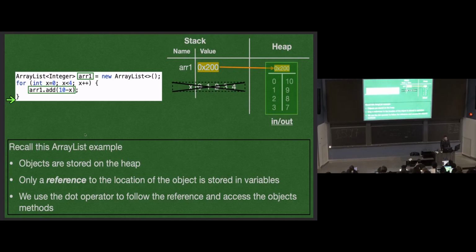And then to use that reference, we're not interested in references pretty much ever. We use the dot operator to access the object that it's referring to. So we have this reference, 0x200 in this case. Dot means take me to your object. Follow that roadmap, follow those directions, find in memory where that object is, and then do something with it. In this case, add elements to that object.